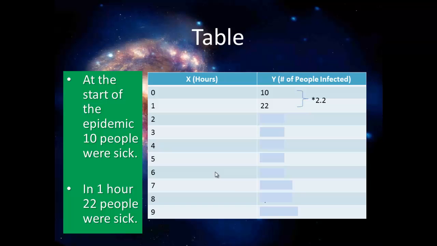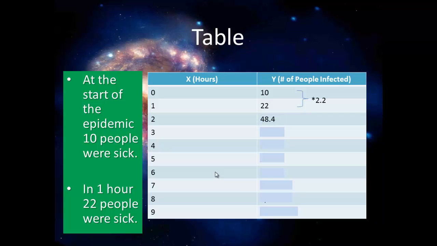So to predict the future number of people that are going to be infected, we can find the change in y. Since this is an exponential, you have to multiply, not add, as you would in a linear function. So 22 divided by 10 is 2.2, or 10 times 2.2 equals 22. By using that information, we are able to predict the future hours.